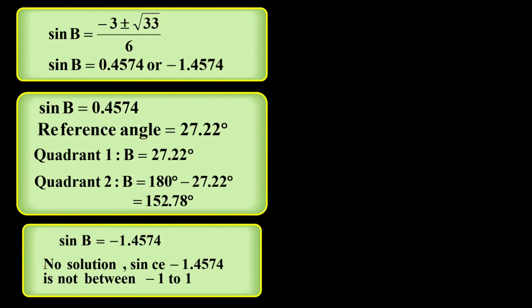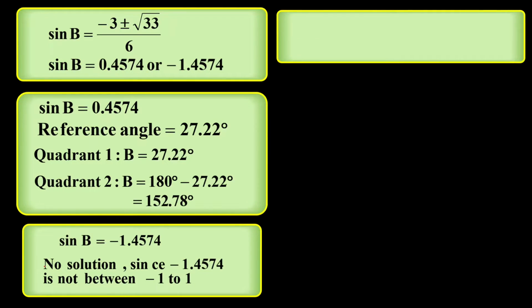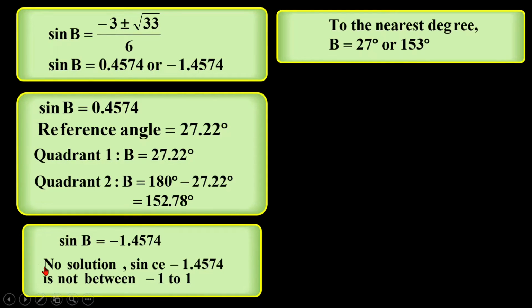So that already exceeds what I needed. So there's no solution over there. So the question asked for the nearest degree just now. So what we are going to get is B is 27 degrees, and also 153 degrees over here. Okay, so that's the question done.